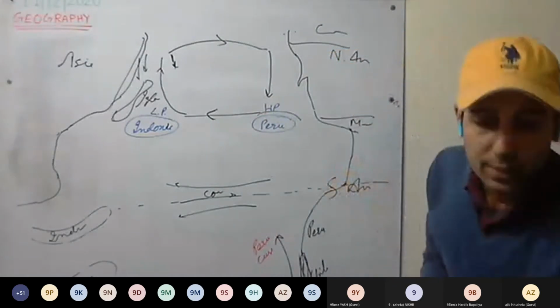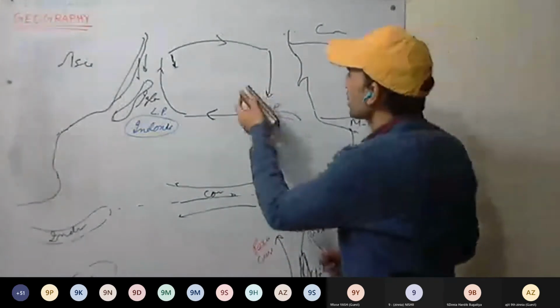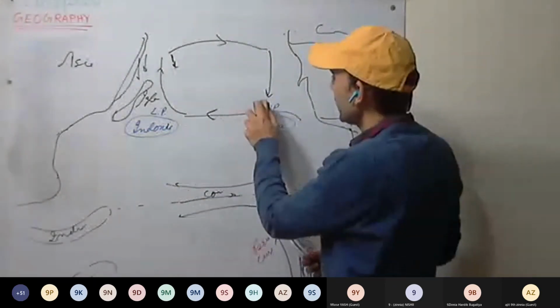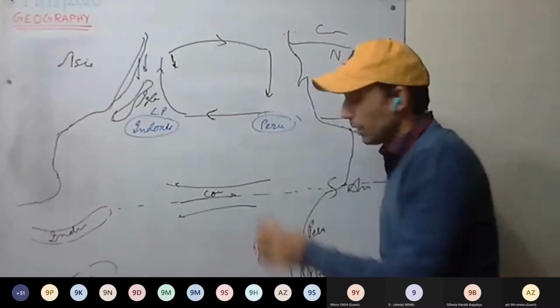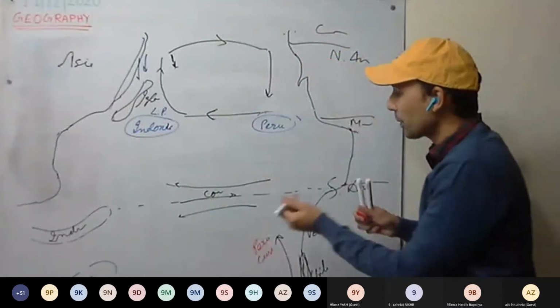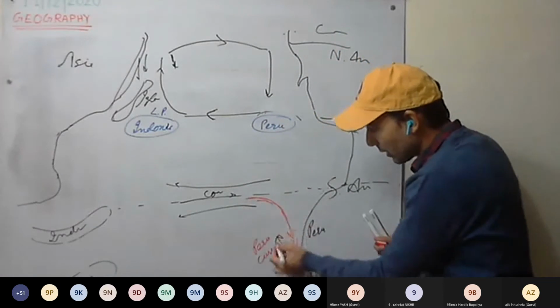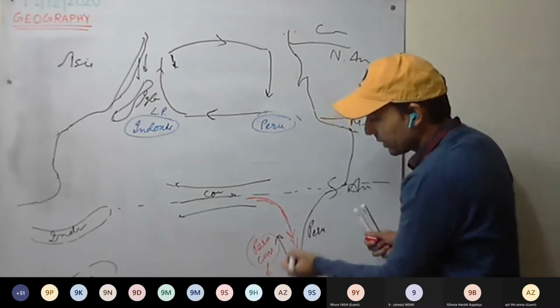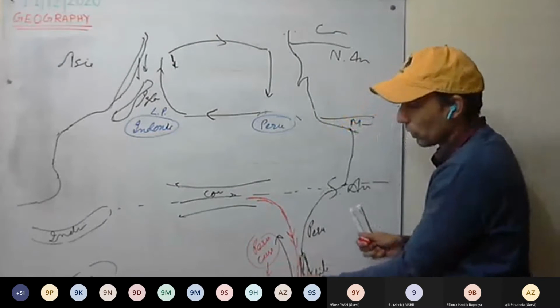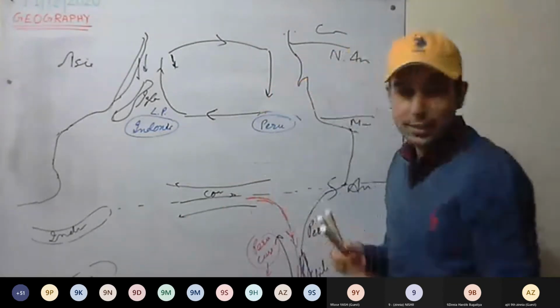Now see what happens. Due to some conditions, once in 3 years or 8 years, a warm current starts to flow near Peru. The counter-equatorial current weakens and the warm current starts to flow. So the circulation changes a bit.